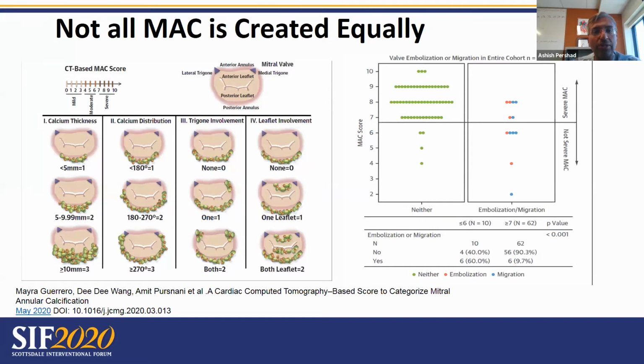Whereas with this paper, you clearly have a good understanding of what we think is necessary for a safer procedure in terms of thickness of calcium, distribution of calcium, involvement of the trigones, and involvement of the leaflets.